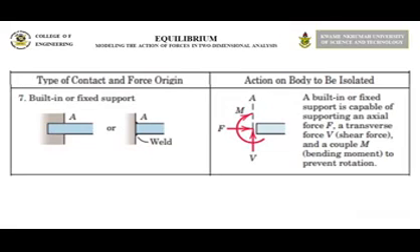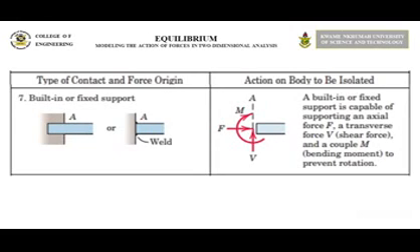A built-in support or fixed support prevents all motion of the body at the support: horizontal motion, vertical motion, and rotational movement of the body. A force prevents the horizontal and vertical motion of the body, and a couple prevents the rotational movement of the body.